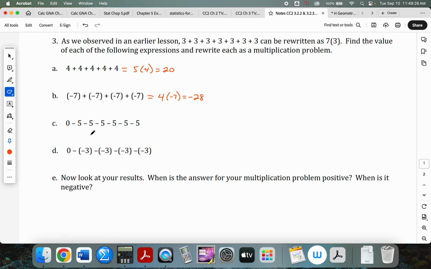Now, for this one, there are two different ways you can think about it. Since it's got a subtraction sign in between them, I'm going to say that I've got 1, 2, 3, 4, 5, 6. I'm subtracting a 5 6 times from 0. That's why they give you this 0 to start with.